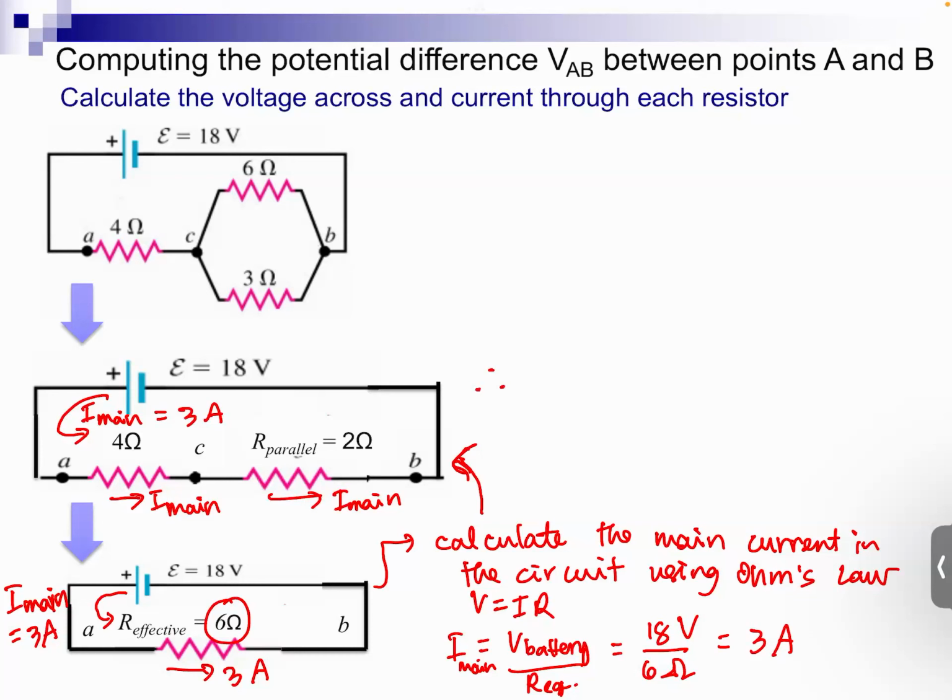Hence, you are able to find that the current through the 4 ohm resistor is equal to 3 amps, which is the main current flowing through your circuit, and the current through the R parallel resistor is also 3 amps.